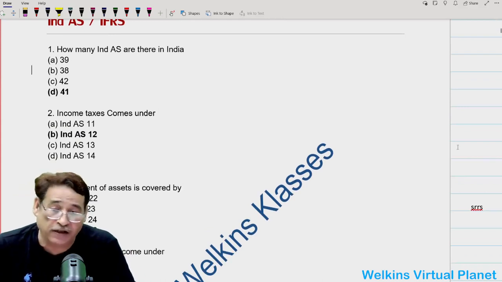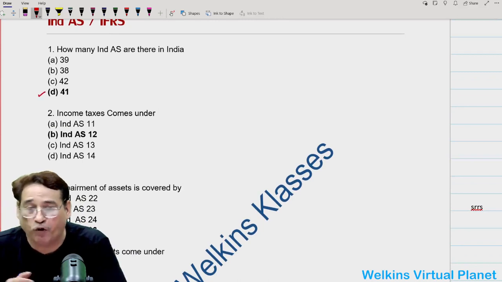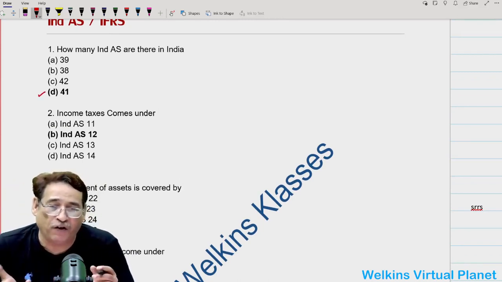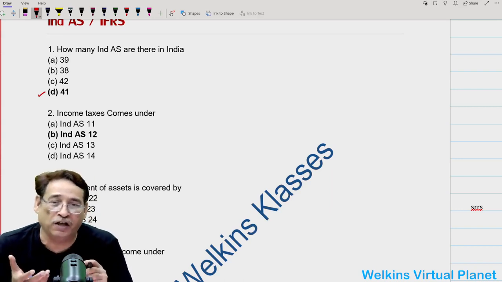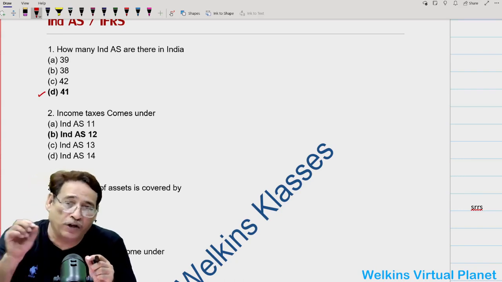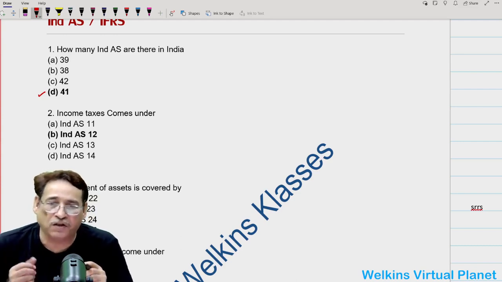How many Ind AS are there in India till this particular moment? Your answer should be 41, correct? And secondly, income tax comes under which Ind AS? As far as the existing standards are concerned, AS 22 applies to income tax, but that relates to the existing accounting standard.